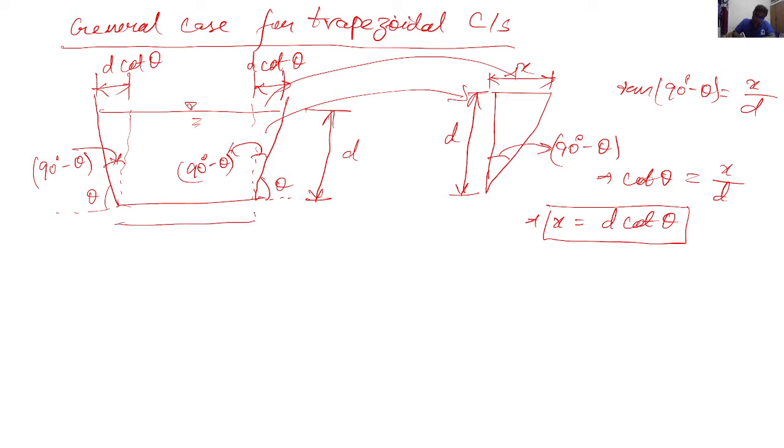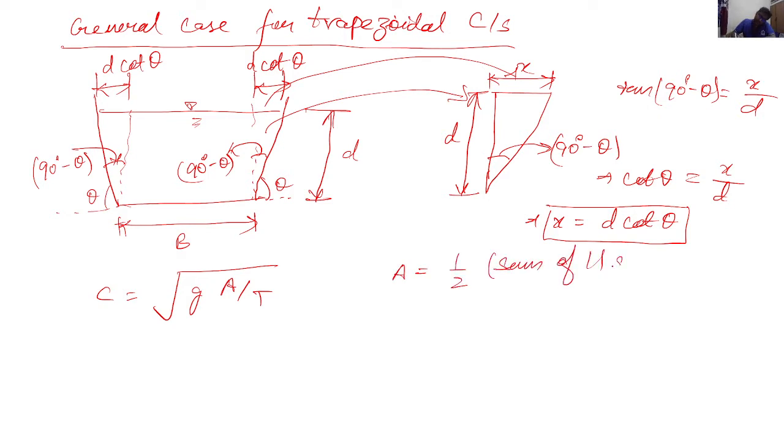And let us suppose the base is b of the trapezoidal section. So the celerity will be, again the fundamental equations are the same, C = √(g A/T), where A for a trapezoidal section is half the sum of parallel sides times the height or depth, whatever we call it. So A will come out as half the sum of the parallel sides.